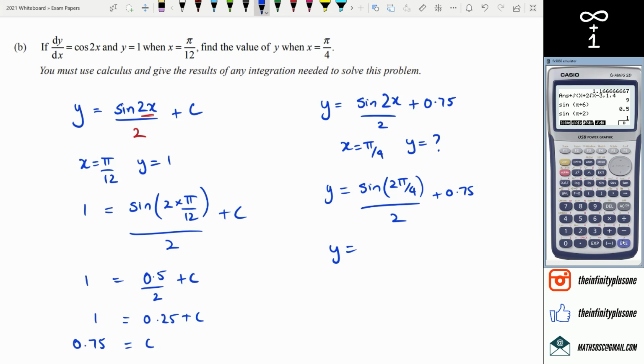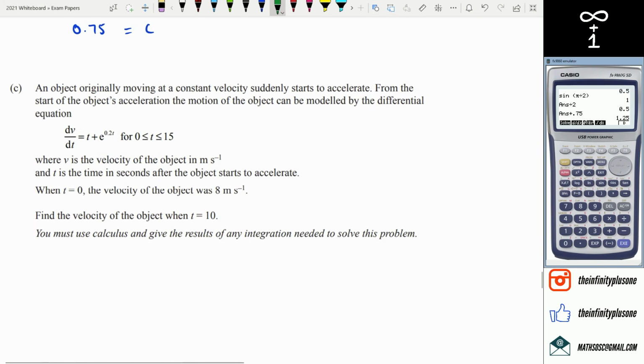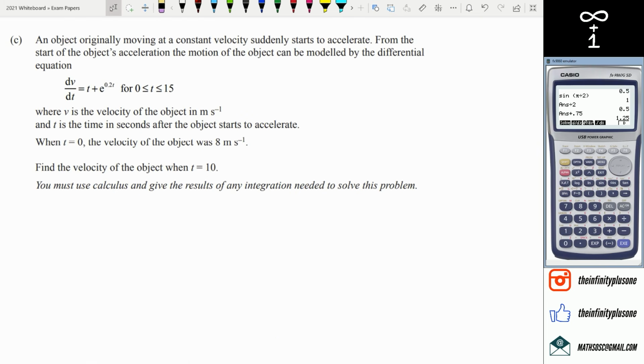It's going to give us that, divided by 2, and plus 0.75. There we go, 1.25 is our answer. And again, correct solution with correct integration gets you an achieved. A lot of work for an achieved question, but hey, welcome to NCEA Level 3 Calculus. Cool. So next question is we've got kinematics.